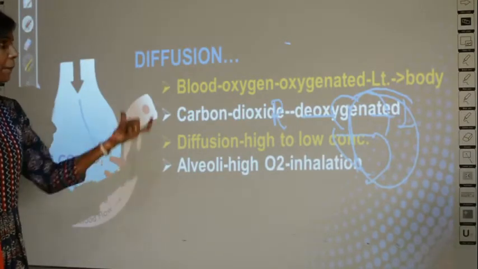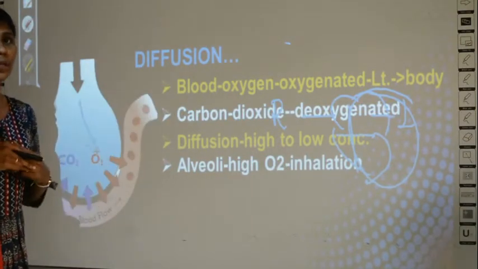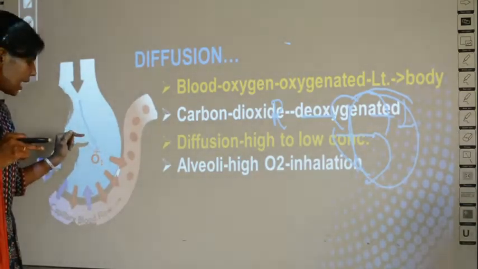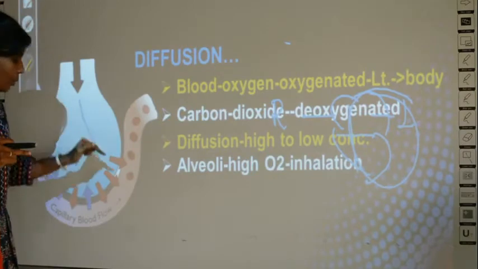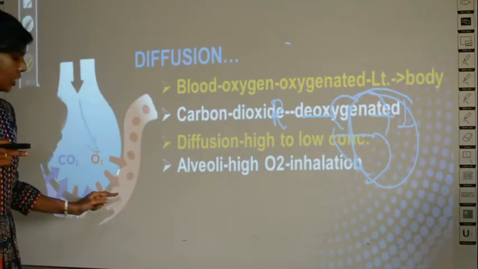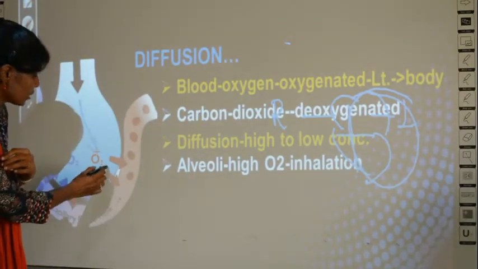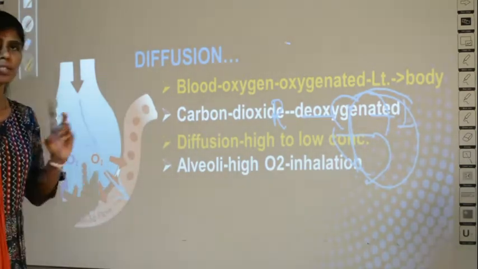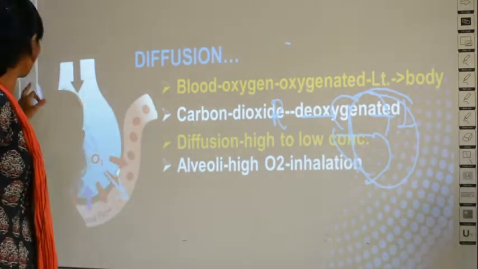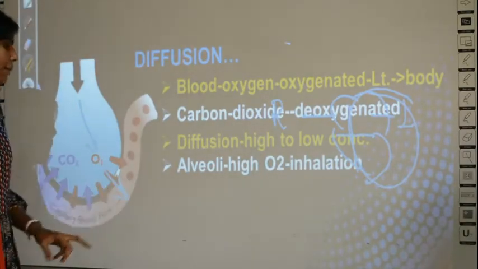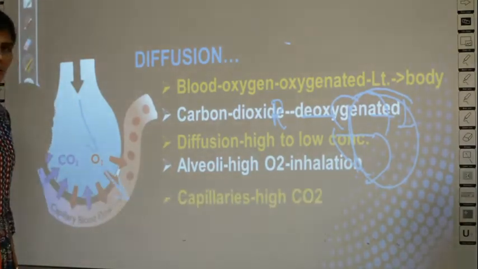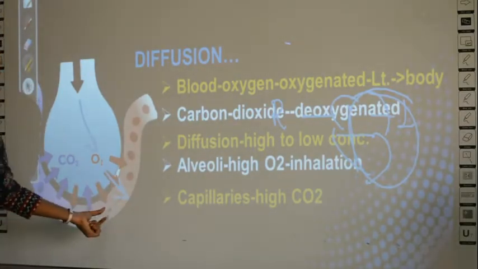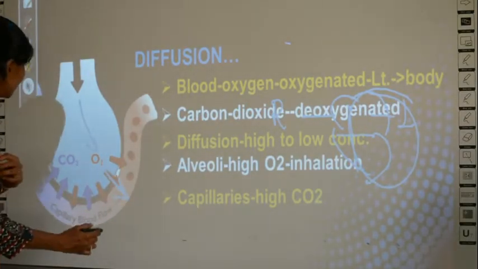So now what will happen? The process of diffusion happens where oxygen, which is high in concentration in the alveoli, will flow to the region of low concentration, that is into the capillaries. From here to here oxygen will flow. So this is the first process. I told you the second is in terms of carbon dioxide. Exactly at the same time, there is high concentration of carbon dioxide in the capillaries.